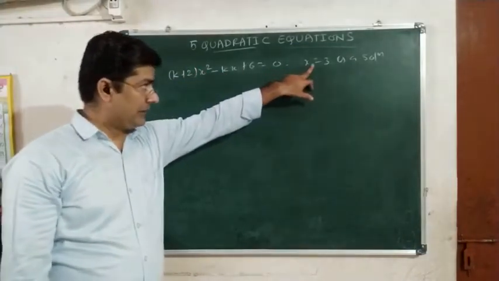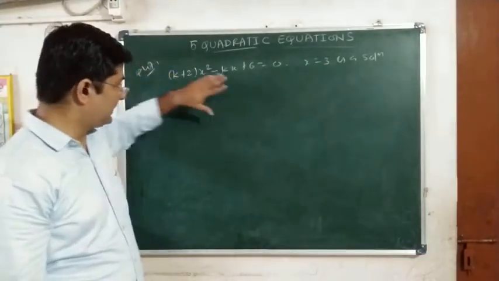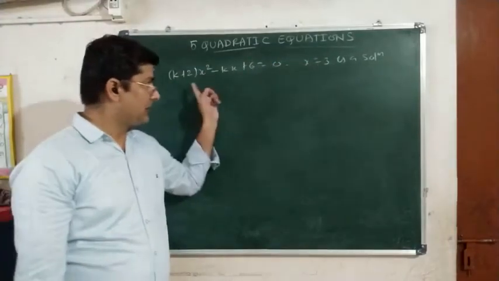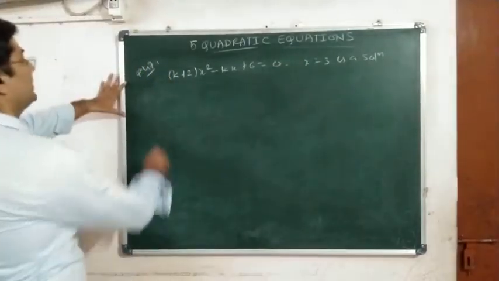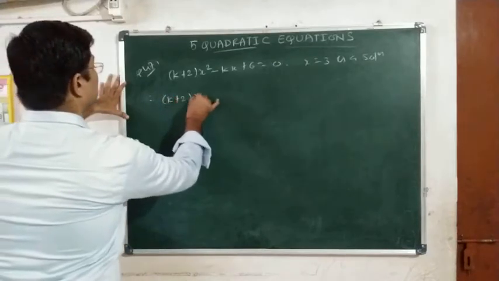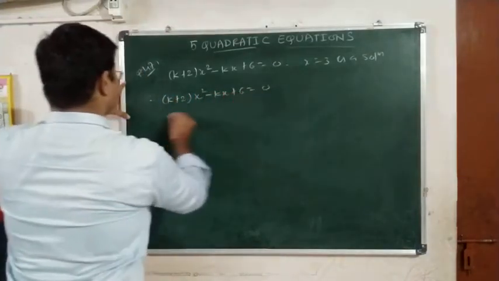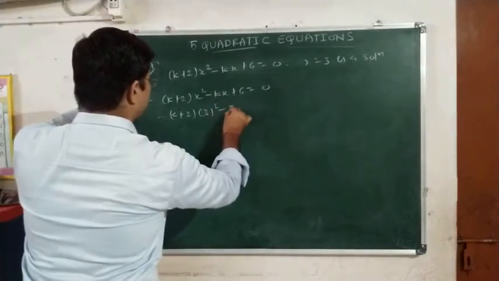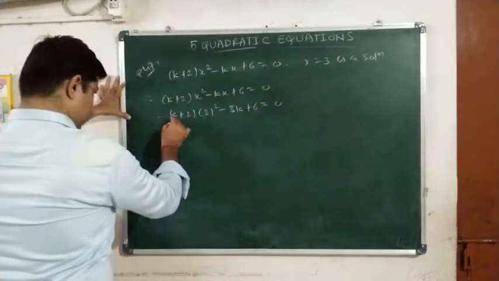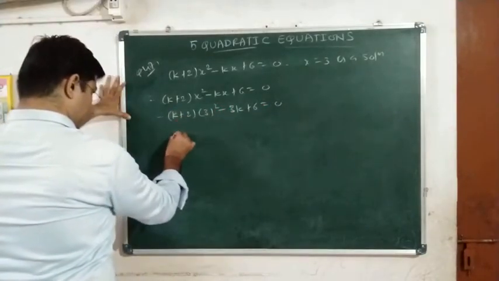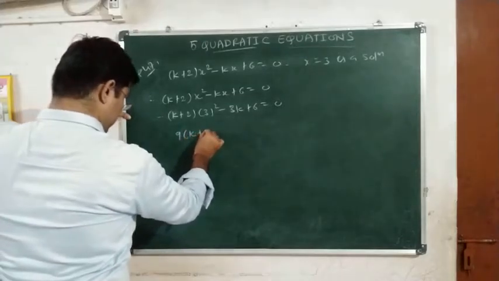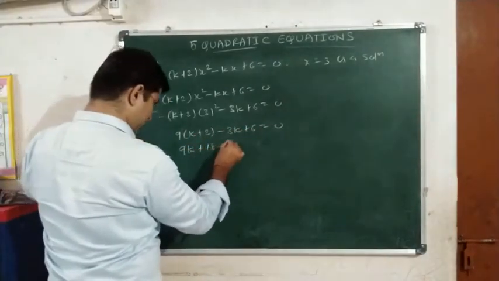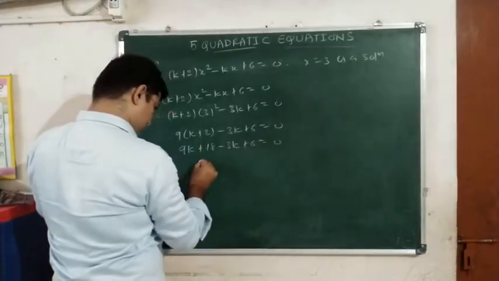In other words, we can substitute 3 for x in the given equation. So in this equation, we will put 3 in place of x. (k + 2)x² − kx + 6 = 0 becomes (k + 2) × 3² − 3k + 6 = 0. So 9(k + 2) − 3k + 6 = 0.